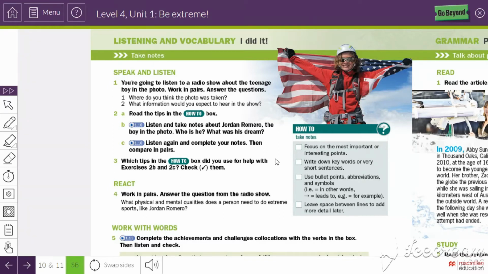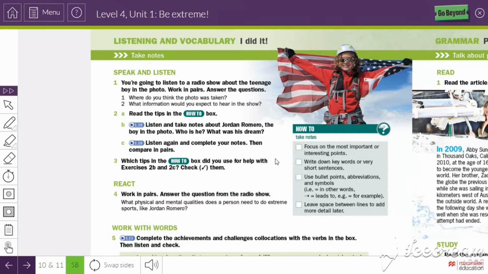He is the boy that you can see in the picture, and you have to tell me who he is and what his dream was. After listening to the conversation and noting everything in your notebook, you have to tell us.